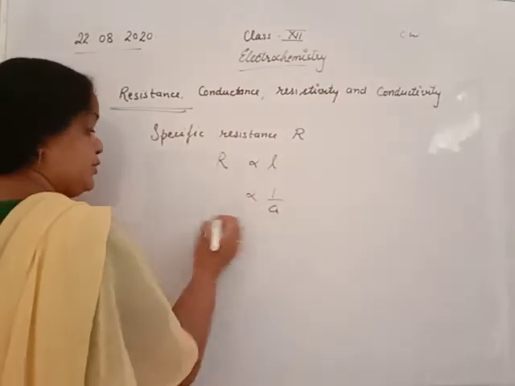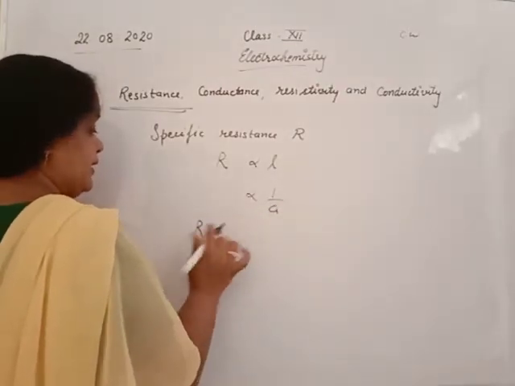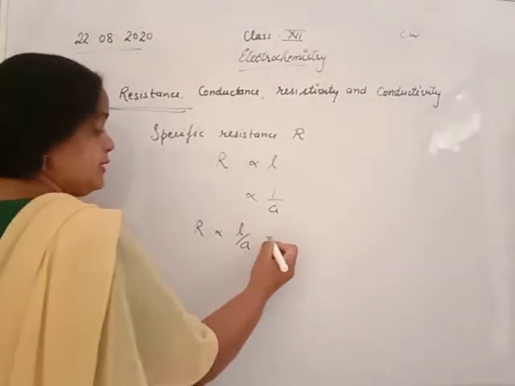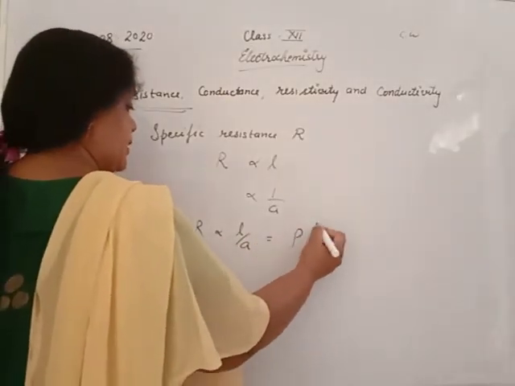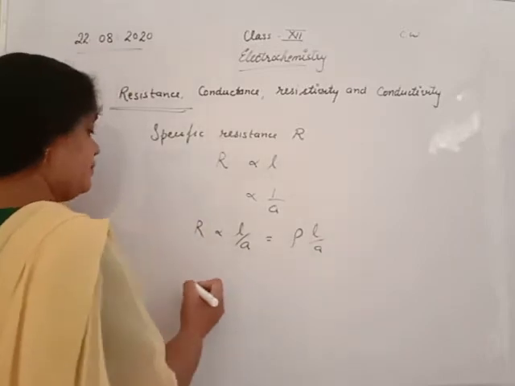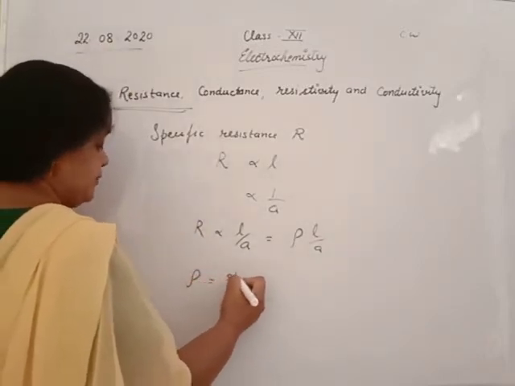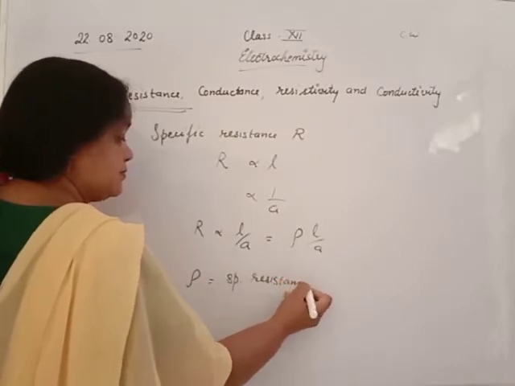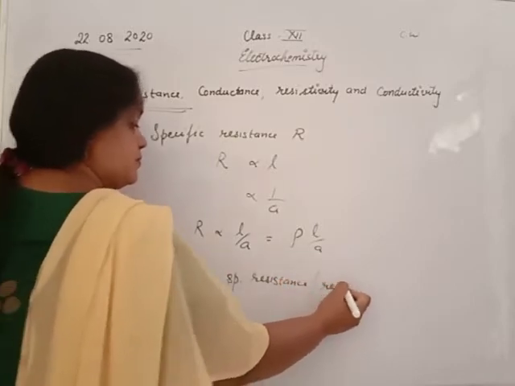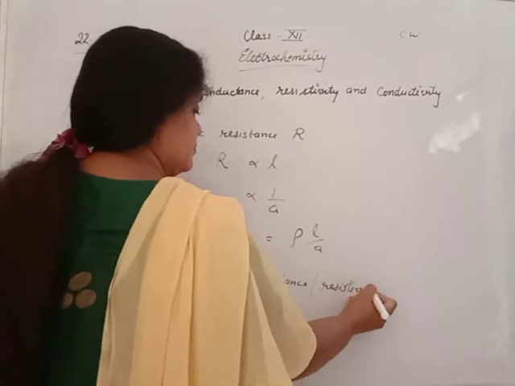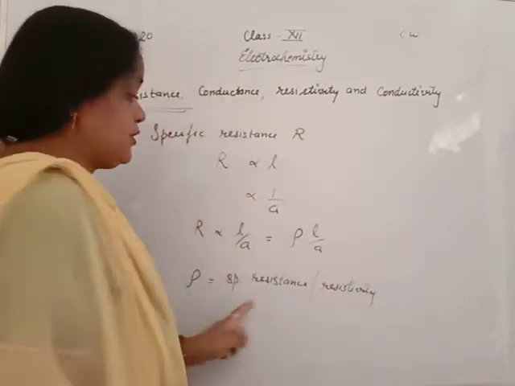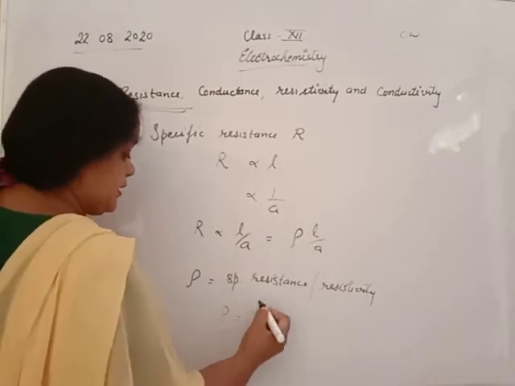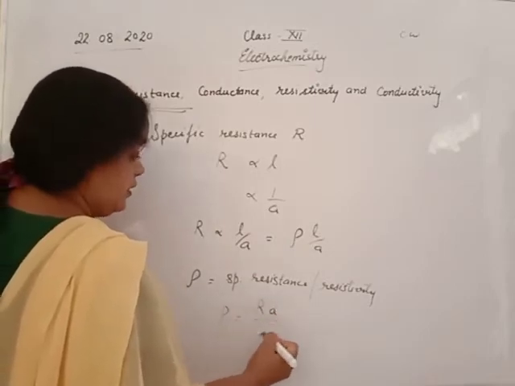When we combine these two, R is directly proportional to L upon A. To remove the sign, it is represented by rho, L upon A. Rho is known as specific resistance or resistivity.